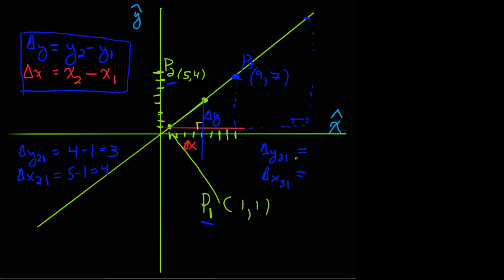Well, point 3 ends at 9 and began at 1, so that's 8. Did the 8 show up? Yes, 8 still fits on the screen. All right, that's always good. And then in the y, it ends at 7 and began at 1, and that's 6.